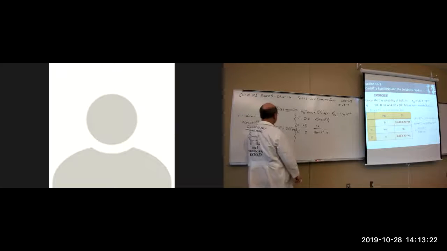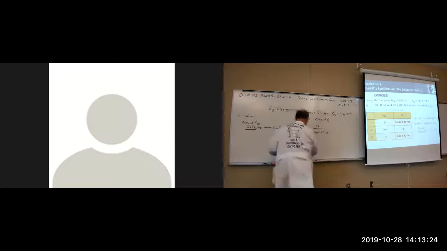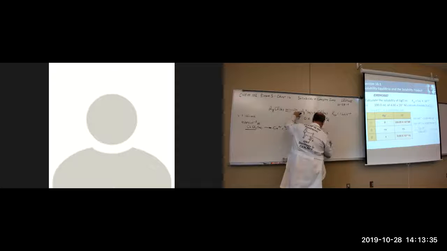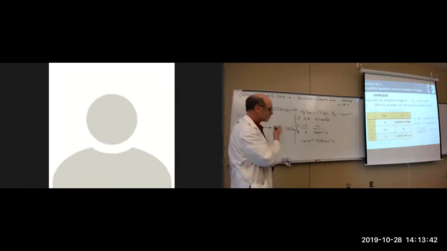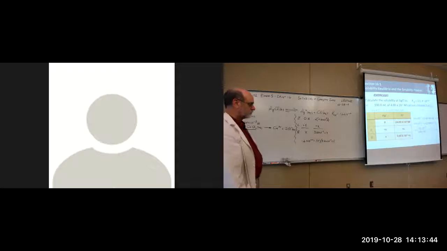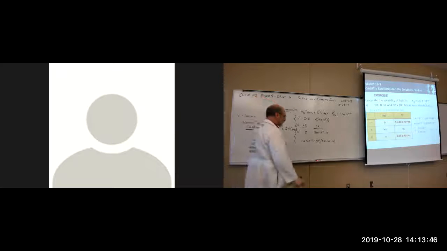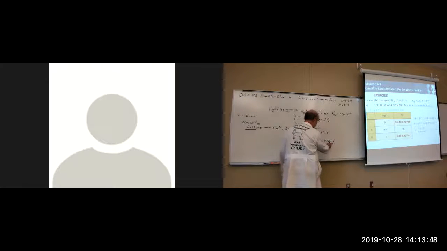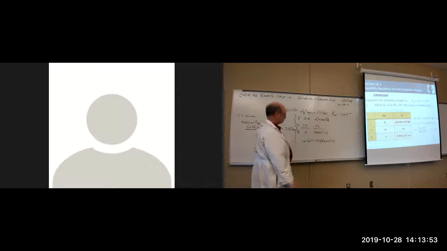Right, so we have that 1.6 times 10 to the minus 10 equals this one times that one, which is X times 8 times 10 to the minus 3 plus X. Now, can we say that X is so small that it won't matter to this expression?